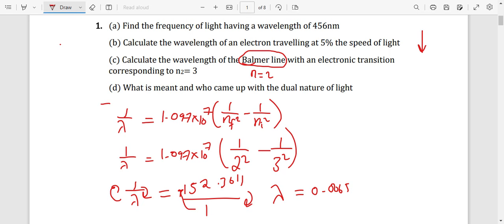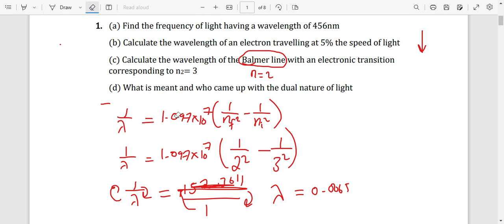1 over 4 minus 1 over 9. Okay, that is 0 point. So it is this one which is wrong. 1 over 4, oh sorry, I have not even completed. And then times 1.097 times 10 to the power 7.